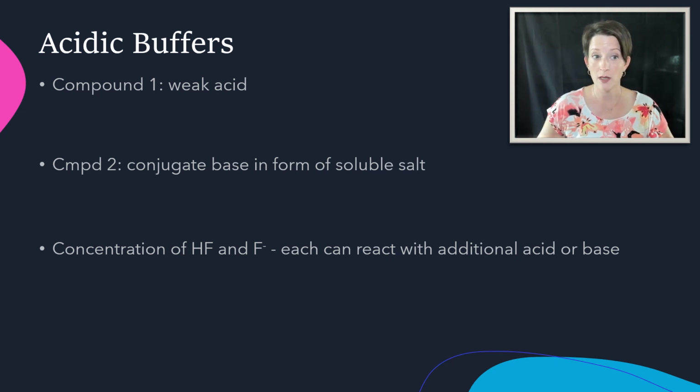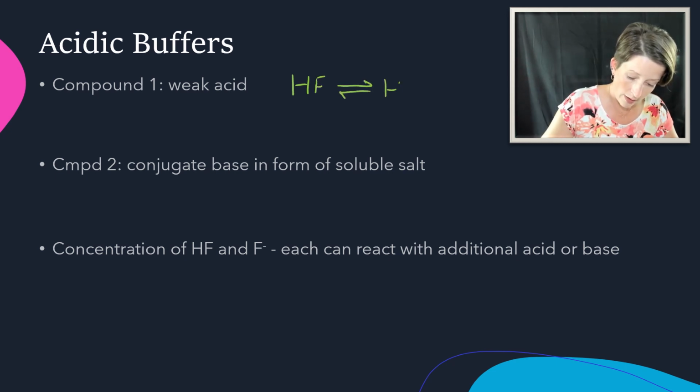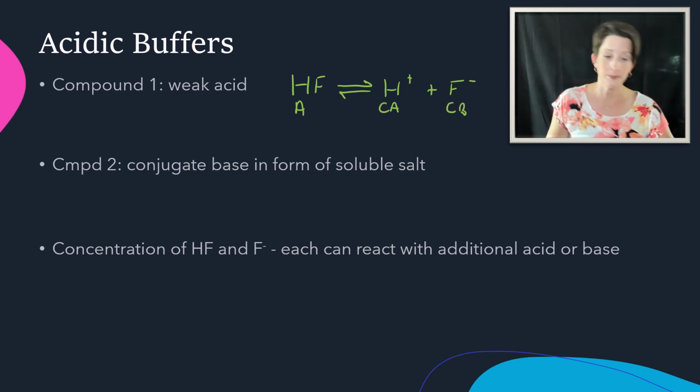First, compound 1. What makes an acidic buffer is the presence of a weak acid. If we have our weak acid, like hydrofluoric acid, it will dissociate in water into hydrogen ions and fluoride ions. So we have our acid, and then we've got our conjugate acid and our conjugate base.